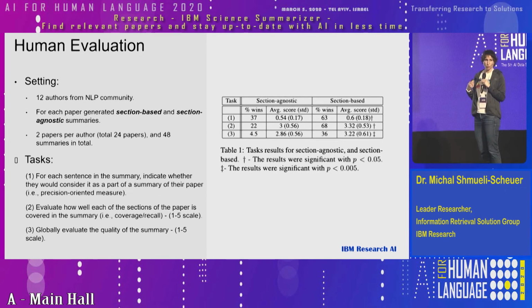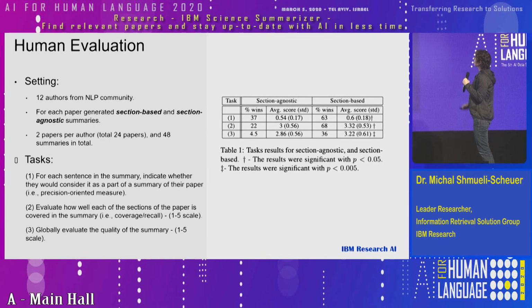This is what we call a precision-oriented measure. Then we ask, for each section, how well it was covered by the summaries. This is more a recall-oriented measure. And finally, in general, how did you like the summary? It varies between 1 to 5.